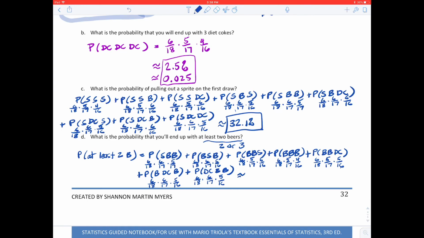And this ends up being approximately 24.5%.